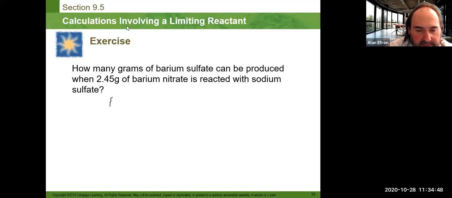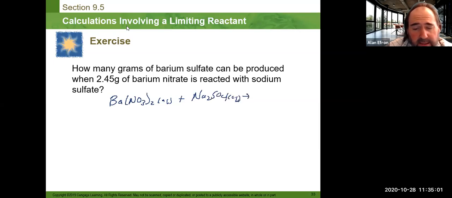This is barium nitrate reacting with sodium sulfate. It's going to be a double displacement reaction, going to give you some barium sulfate and some sodium nitrate. By the way, this is solid, and this is aqueous, in that particular case.